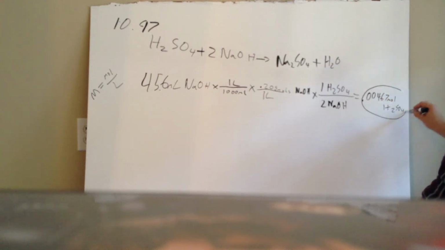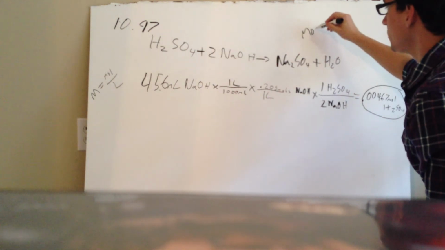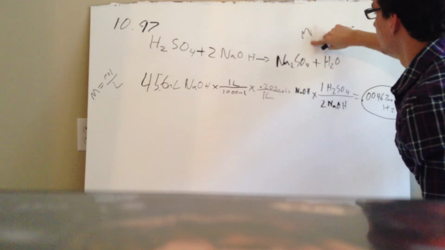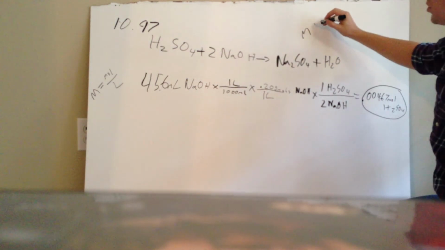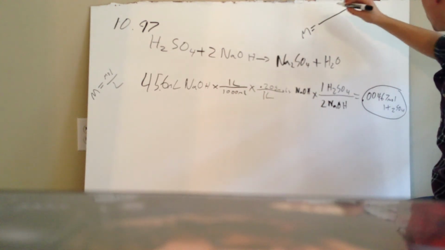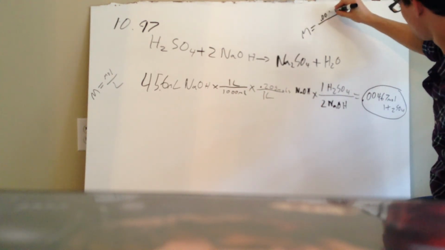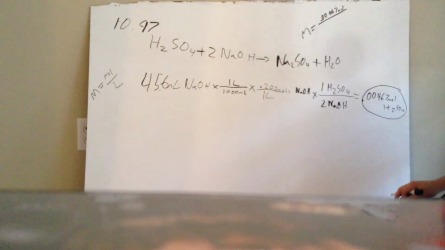Alright, so we have that. We're trying to figure out the molarity of the H2SO4, and now we have moles of H2SO4. Molarity equals moles over liter. So we have 0.00467 moles of H2SO4. Now it's time to figure out our liters of H2SO4.